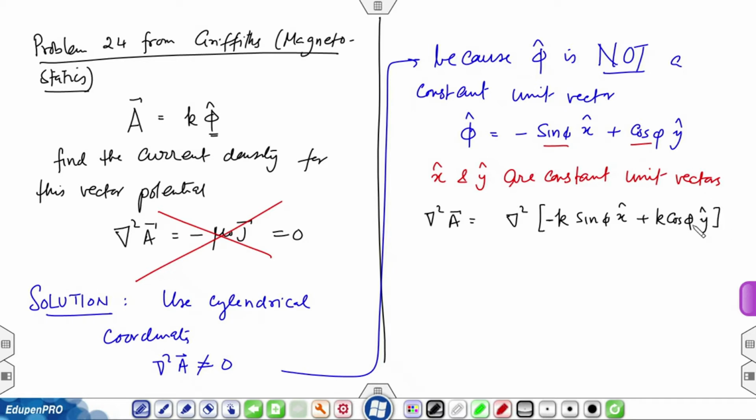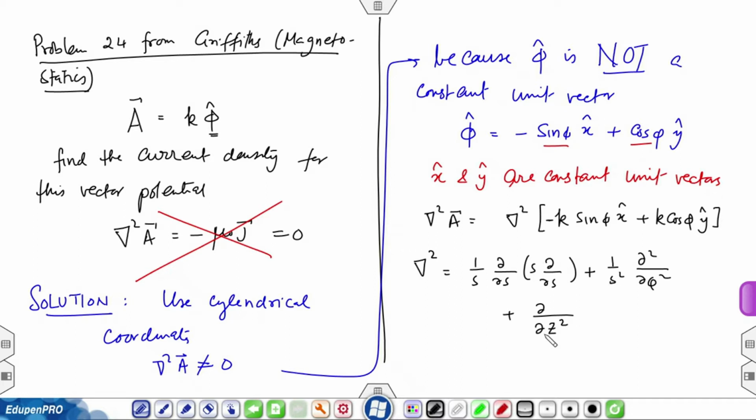And I need to use the expression for del square in cylindrical coordinates, which is 1 over s partial with respect to s of s partial with respect to s, plus 1 over s square double partial with respect to phi, plus double partial with respect to z.